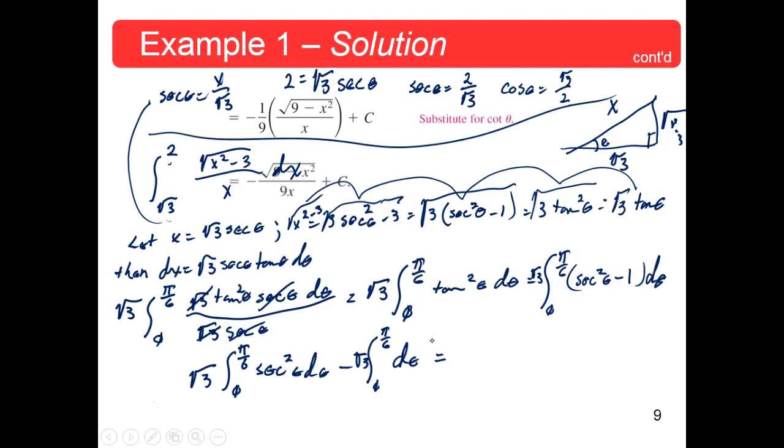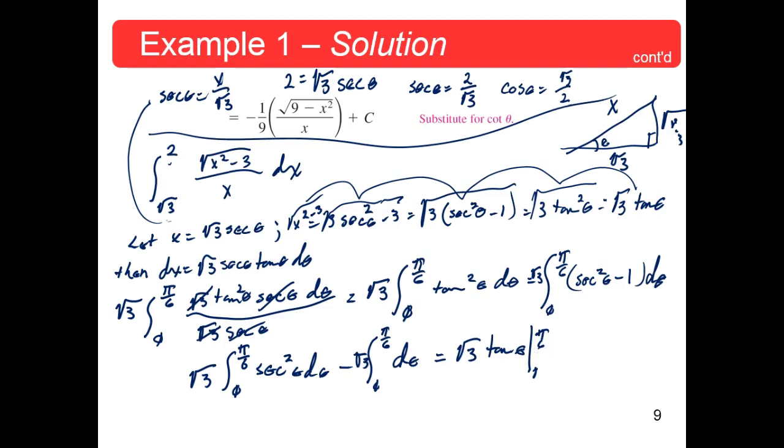Can you do the first one? What's the antiderivative of secant squared? Tangent squared. Wait, tangent. Okay, yeah. So that's root 3 times tangent theta, because the derivative of tangent is secant squared, and that's evaluated from 0 to pi 6.